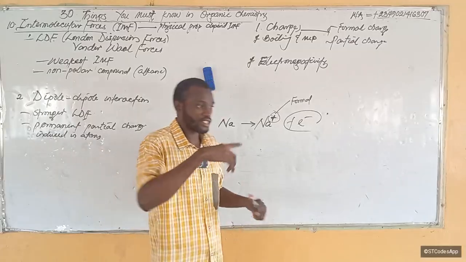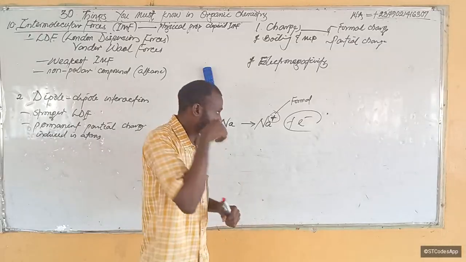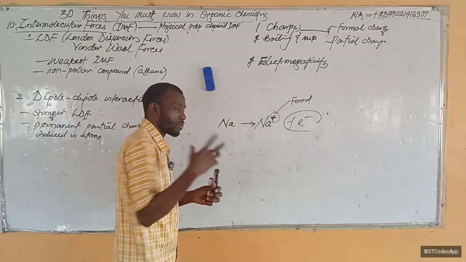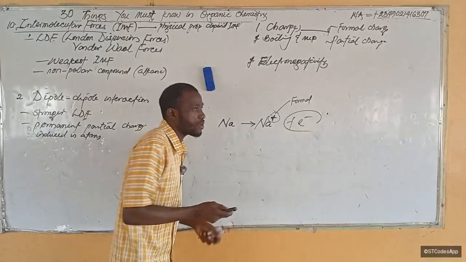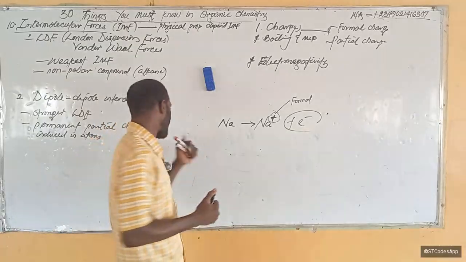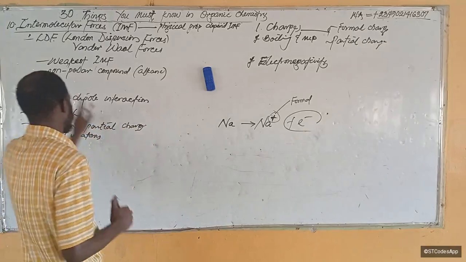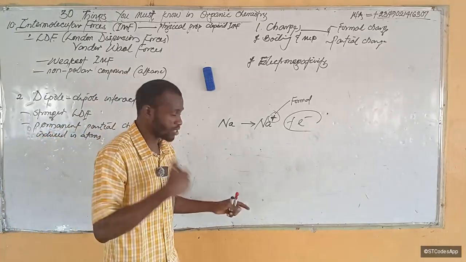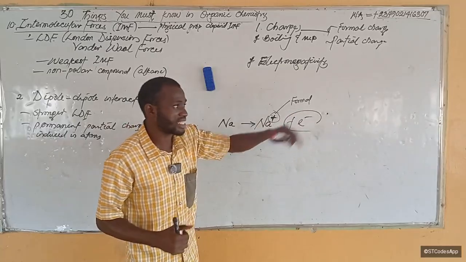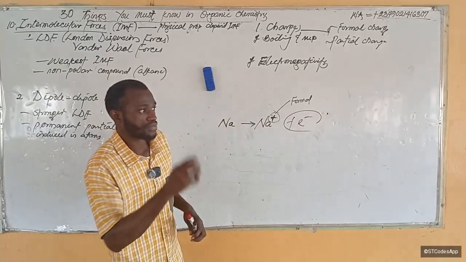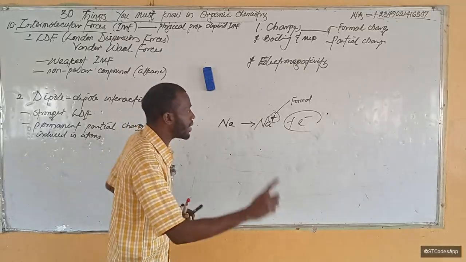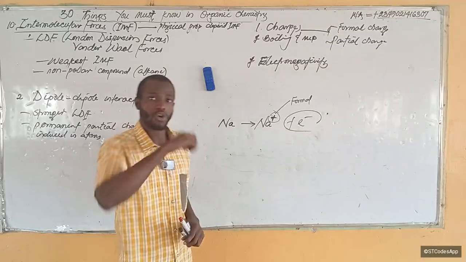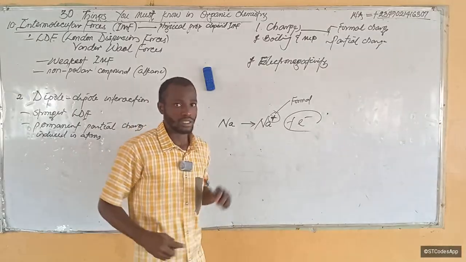That is, that electron is no longer in interaction with one other atom. The reason I'm talking about this now is that we will be talking about cation and carbanion after this. So listen to me again. A formal charge is assigned only when an electron is lost or gained.